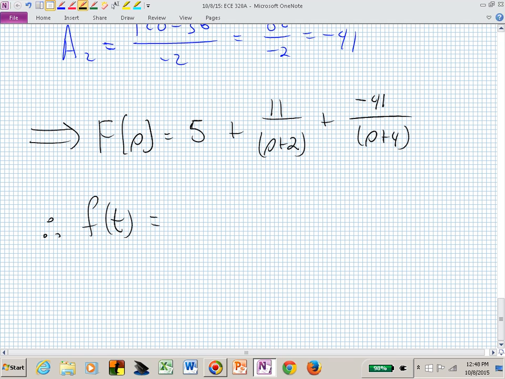F of t is now, what's the first term in little f of t? You already told me. That's a delta function scaled by the 5.